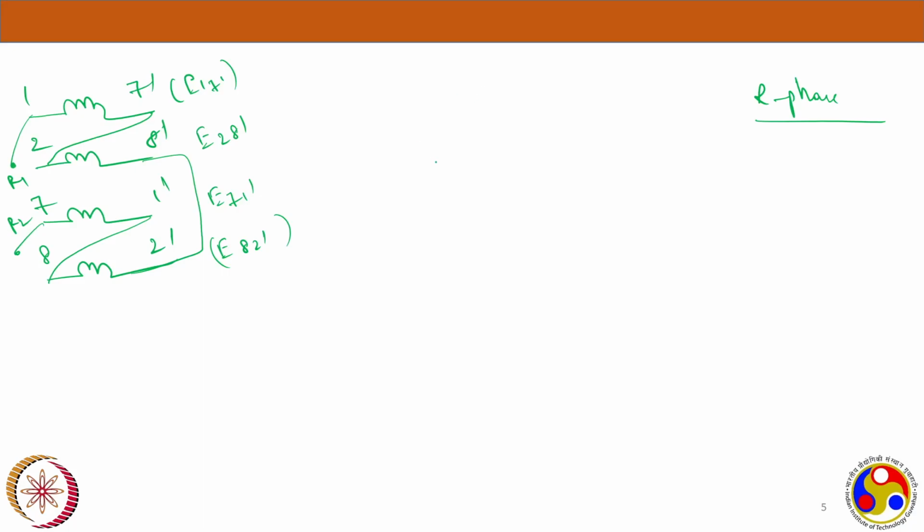Now suppose I'm drawing the first one, E1 7 dash, a phasor somewhere in space. Now what will be the angle between E1 7 dash and the immediate E2 8 dash? Can someone tell me? It's slot number 1, slot number 2.